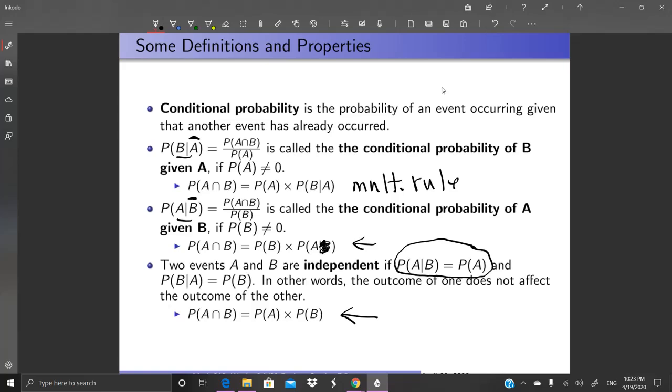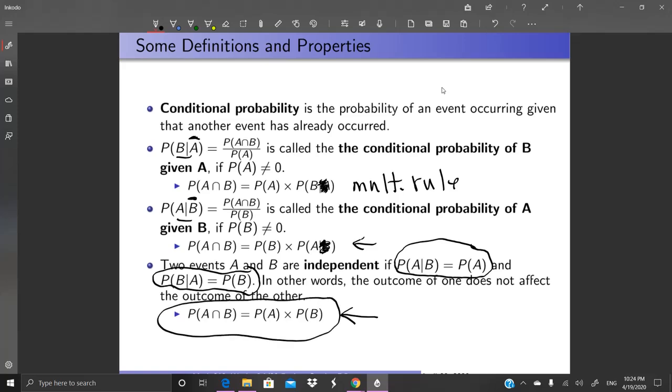Because you just get that the probability of the intersection is equal to the probability of B times the probability of A, which is what you get at the bottom. And then, of course, if you use this equation right here and you're assuming that the probability of B given A is equal to the probability of B, then you can go up here and scratch that out, because the probability of B given A is equal to the probability of B, you still get the same thing, which is ultimately what's at the bottom here.